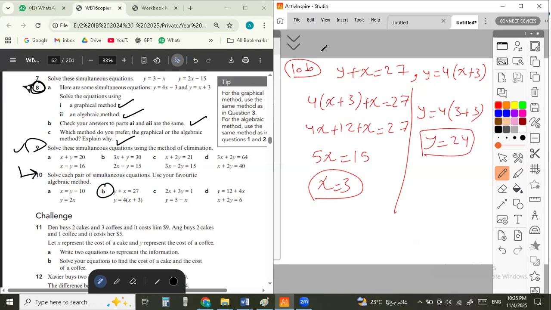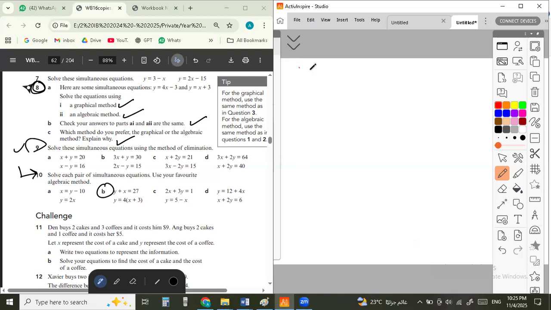Question 10C. 10C says to you here 2x plus 3y equals 1 and y equals 5 minus x. So I'm going to use the substitution. Why? Because they told you that y is 5 minus x.